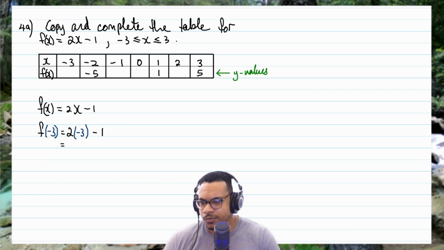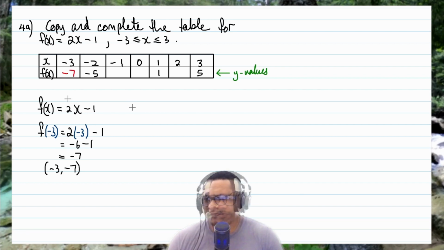So that'll be equal to 2 times negative 3 is negative 6. So I have negative 6 take away 1. And negative 6 take away 1 will be negative 7. So that means my ordered pair would be negative 3 and negative 7. And in my table, under negative 3, I'll put negative 7 for f of x.